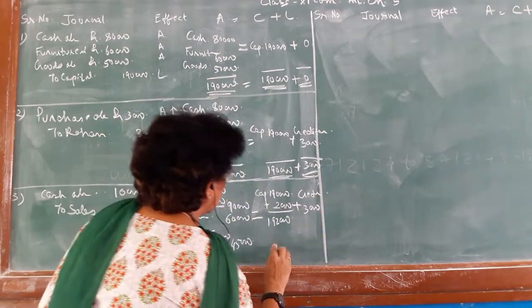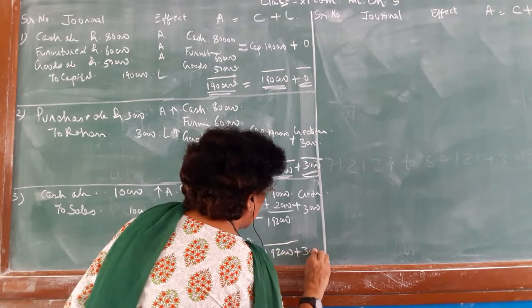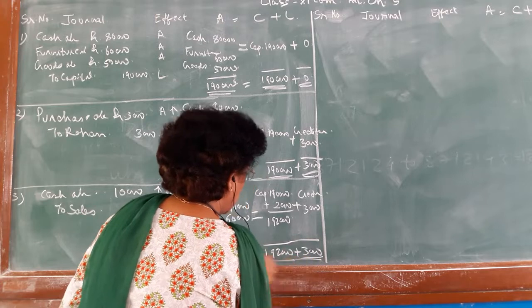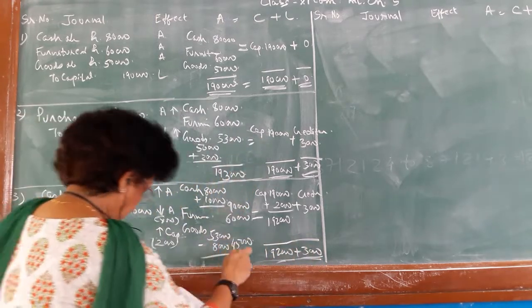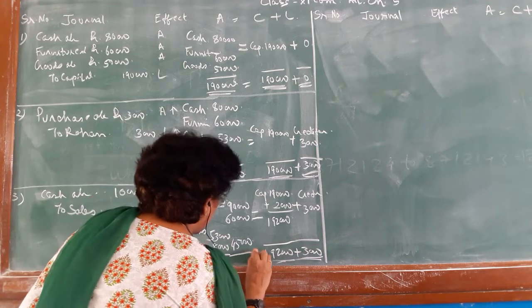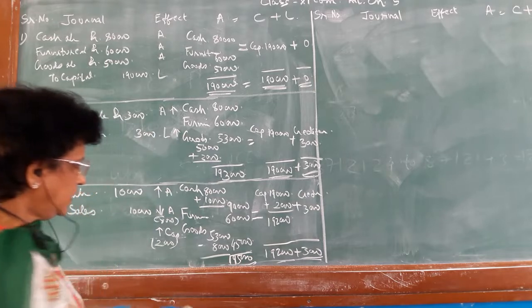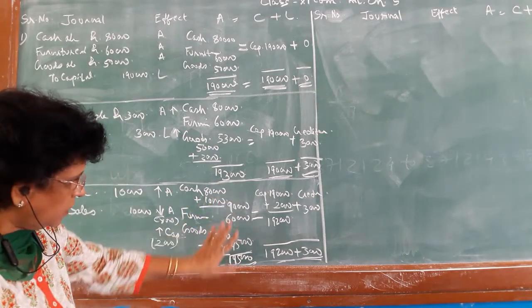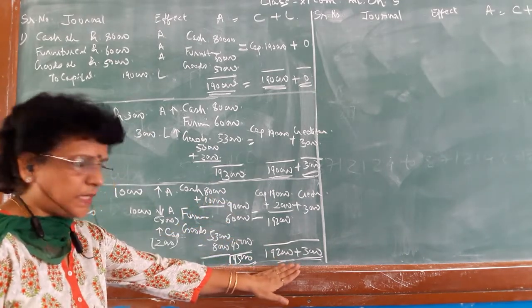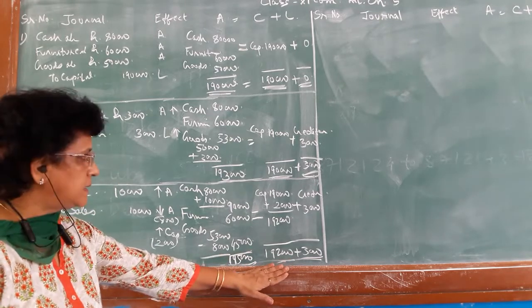So your total is 1,92,000 plus 3,000, it becomes 195, and here your total is rupees 1,95,000. Understood? In any way, your equation total has to be equal and you must have the same total answer.